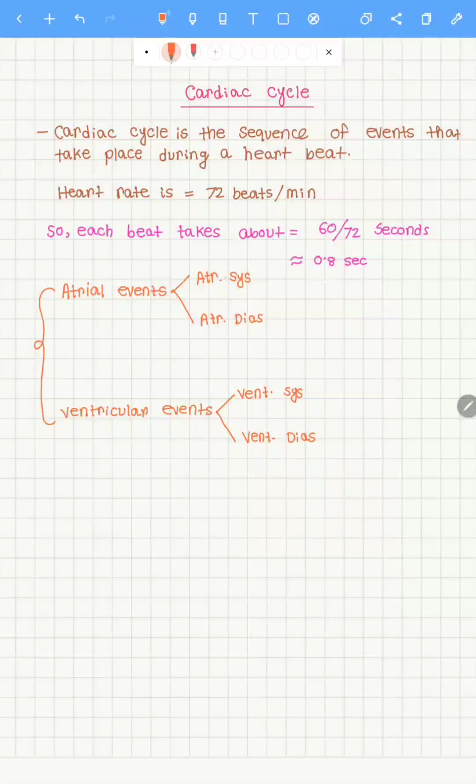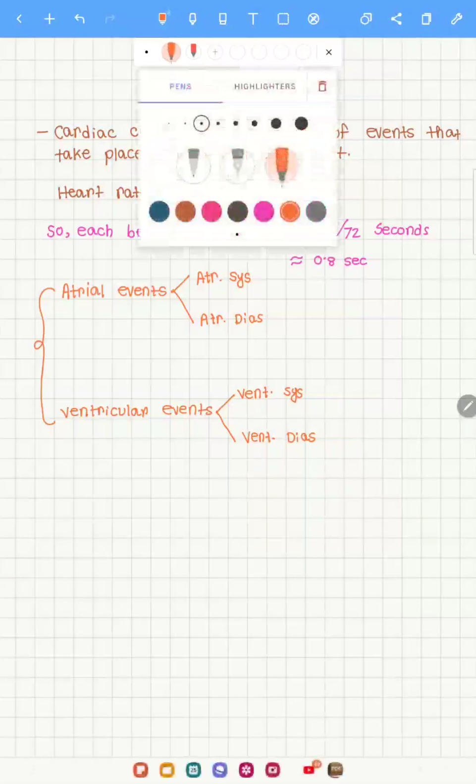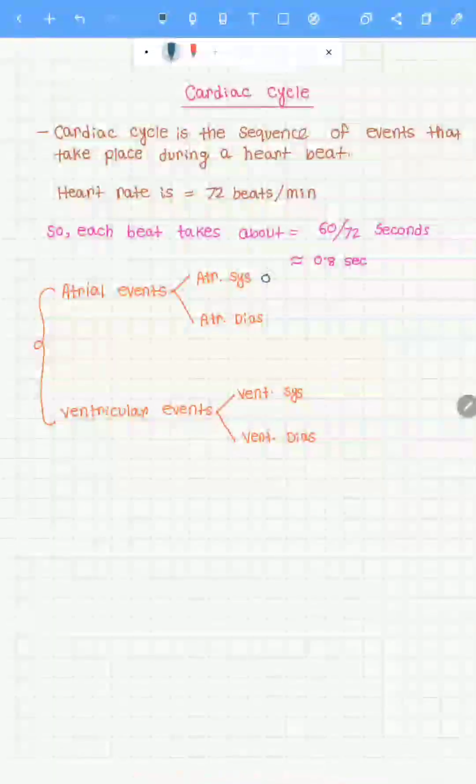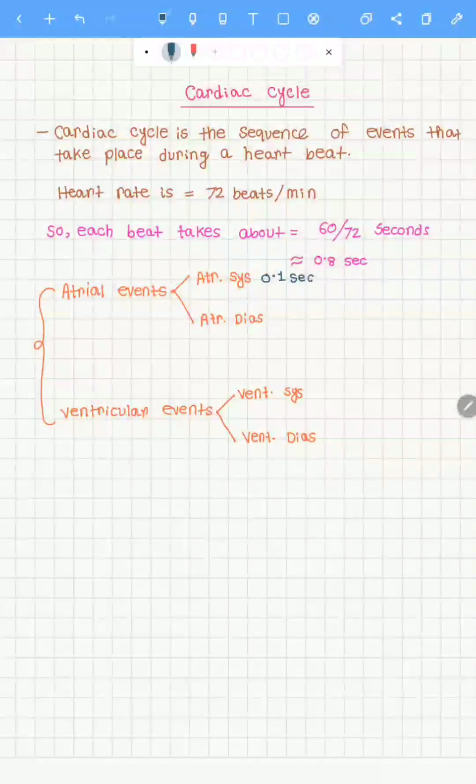As the sum of the two events has to make up 0.8 second, we have to divide the two phases according to their time. Atrial systole takes up 0.1 second. That means atrial diastole has to take 0.7 second.